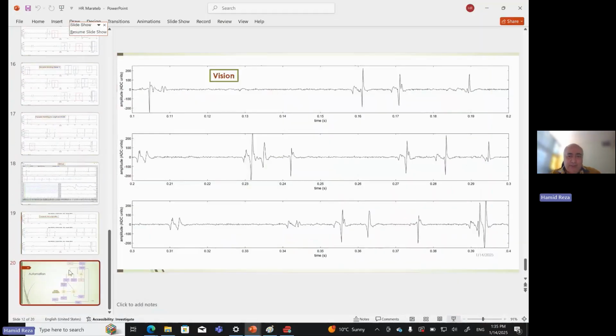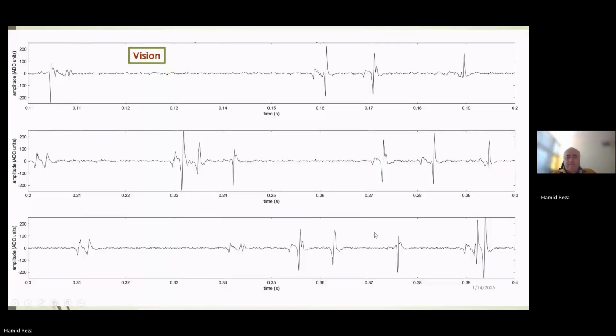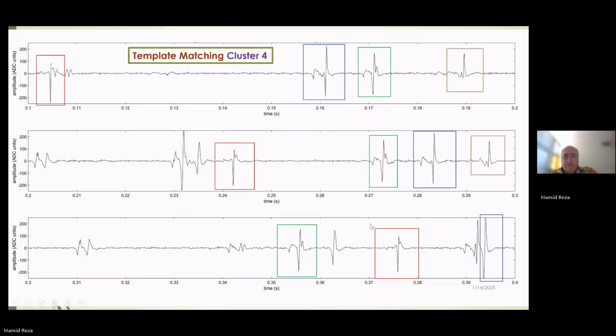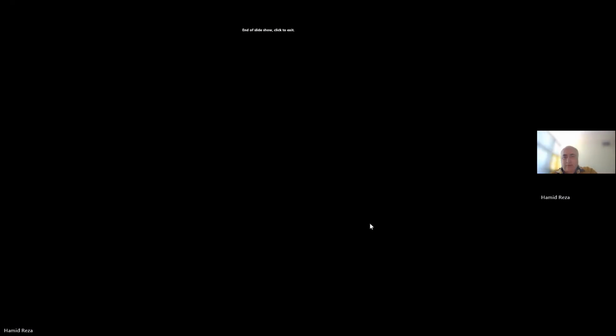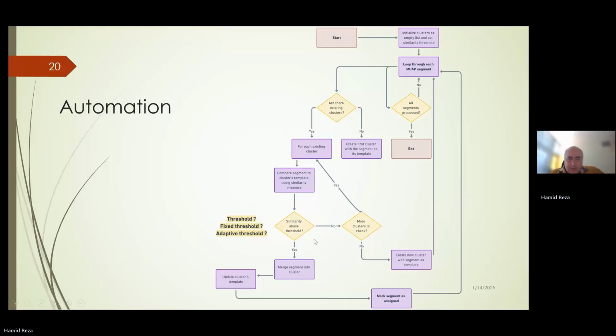So let's get back to this. The similarity must be above a threshold, okay? You cannot simply say that, okay, we have 5 already identified units and we have a new active segment.